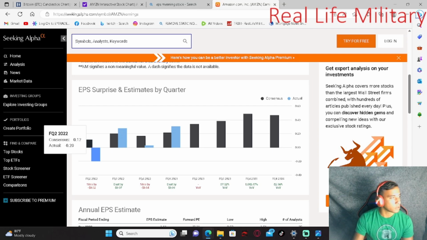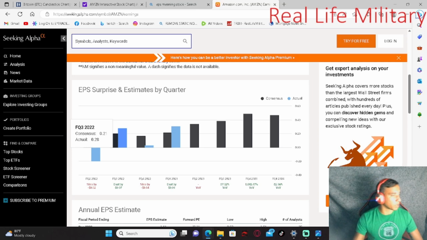So they thought for each share they were going to get 0.12. Instead they got negative 0.2 for fiscal year 2022. Quarter 3 they did better. They beat by 7 cents.